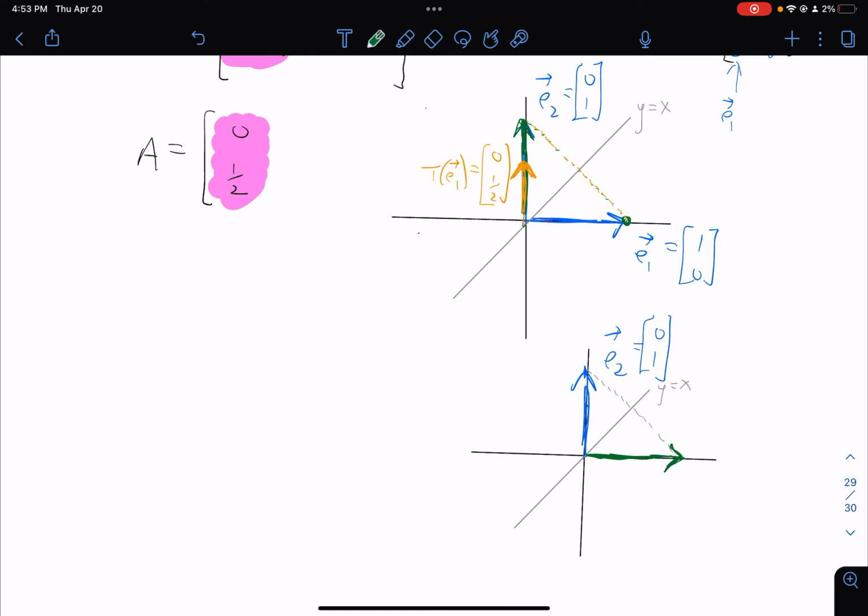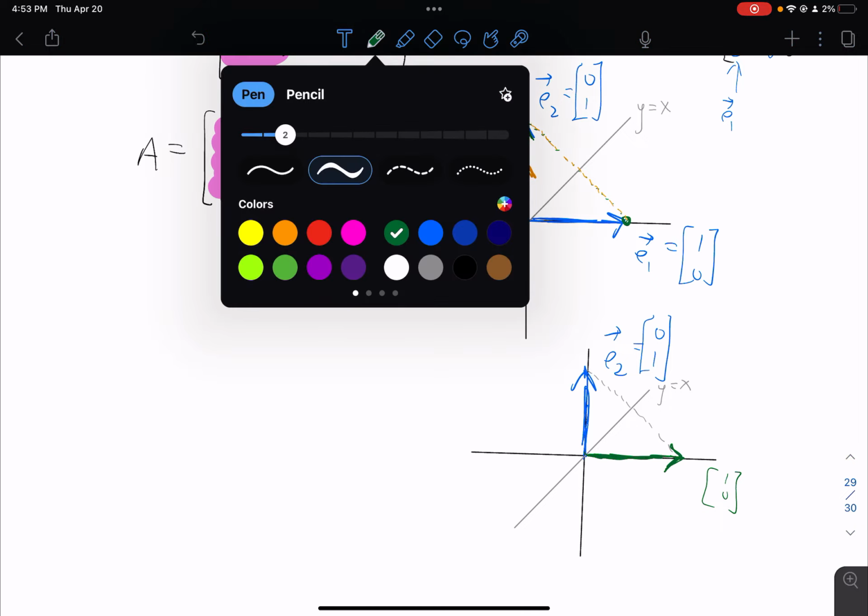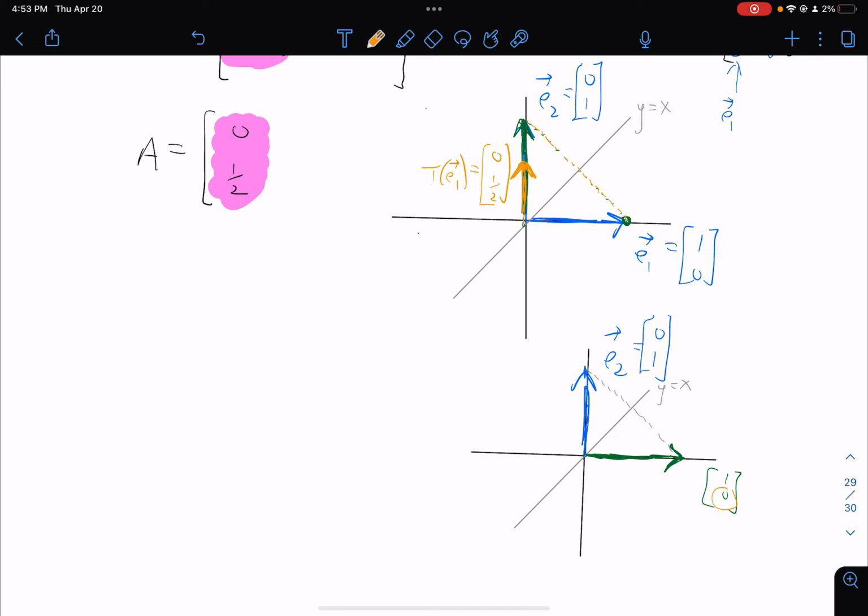And then I got to scale the y component. So this vector is 1, 0. I got to scale the y component and multiply it by a half. So multiply this y value by 1/2, but 0 times a half is just 0. That doesn't change it. So it stays there. So for this one, T of E2, what I get when I transform E2 just ends up being 1, 0.